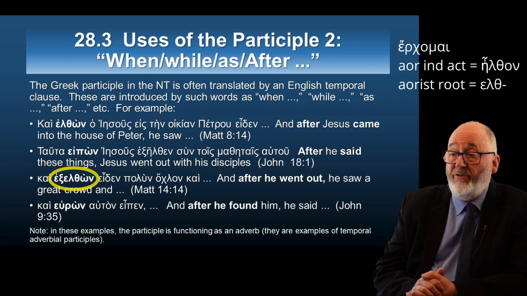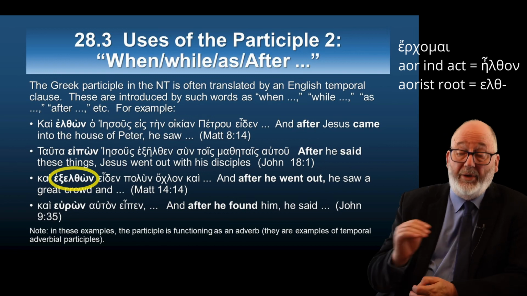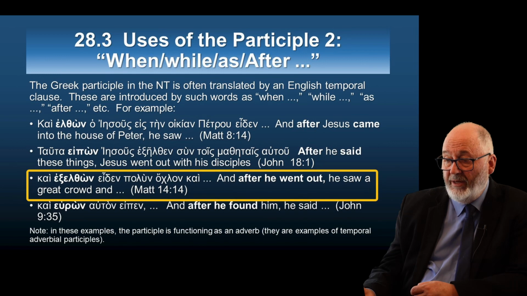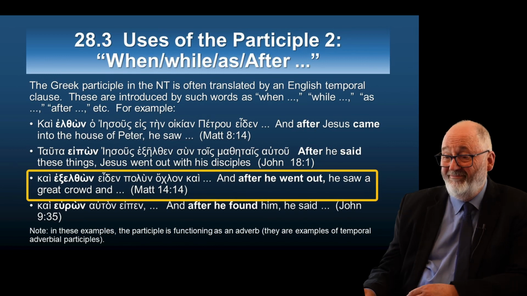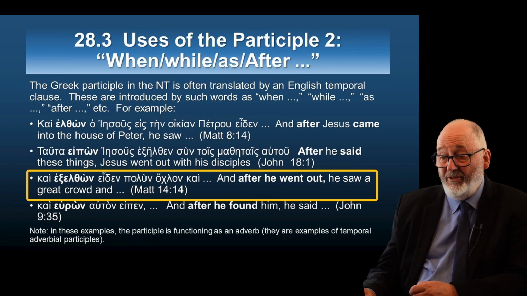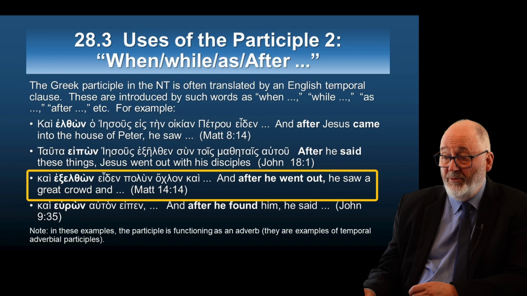And we know that that's from the verb erchomai. So exerchomai, went out. And after he went out, he saw a large crowd. Once you recognize that this is a time reference, it's adverbial, it talks about the eiden. After he went out, he saw a great crowd.